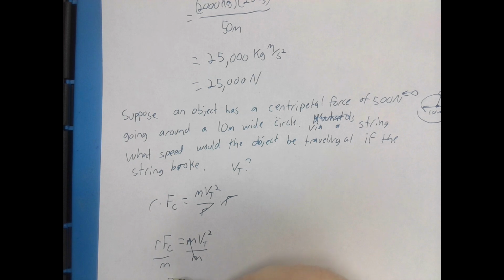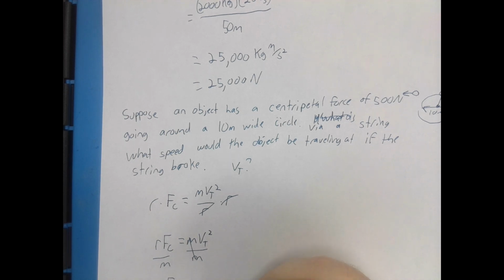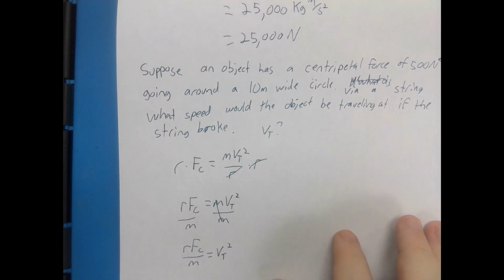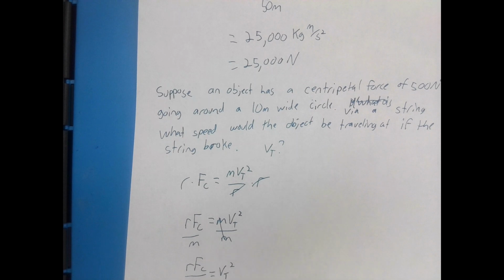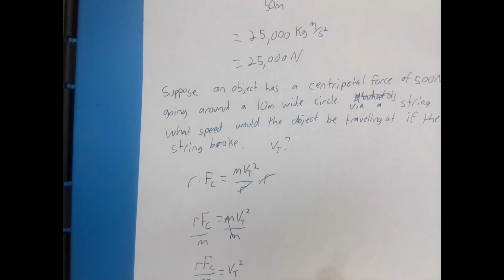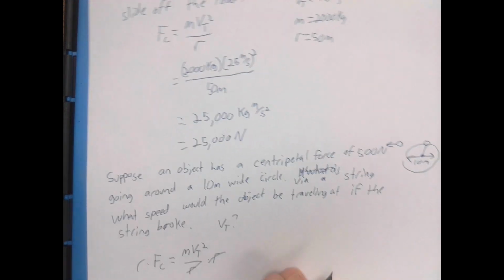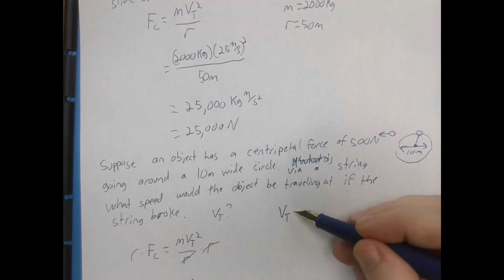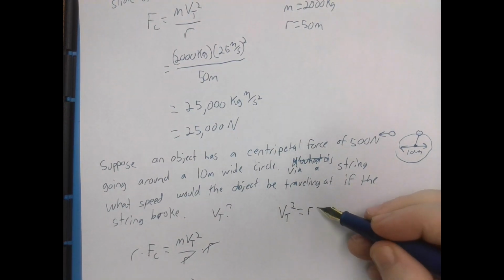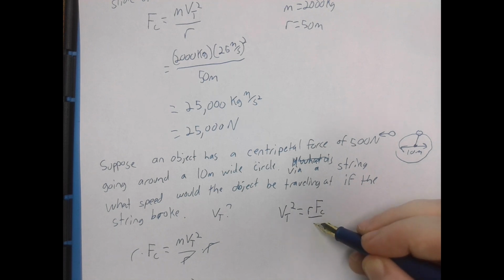So r times force divided by mass is equal to vt squared.